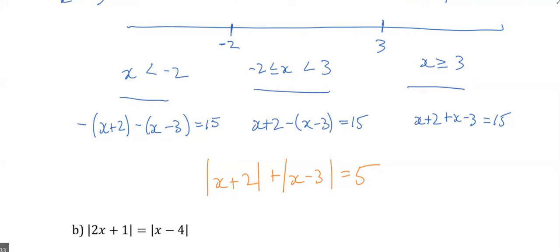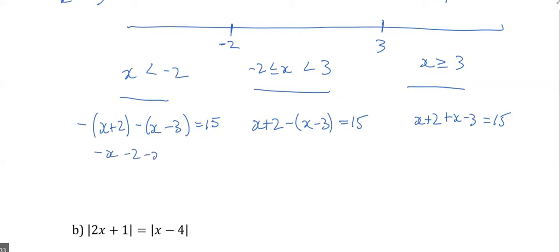Okay, and we'll quickly solve them. So this is -2x equals 14, x equals -7. X minus x is 0x.